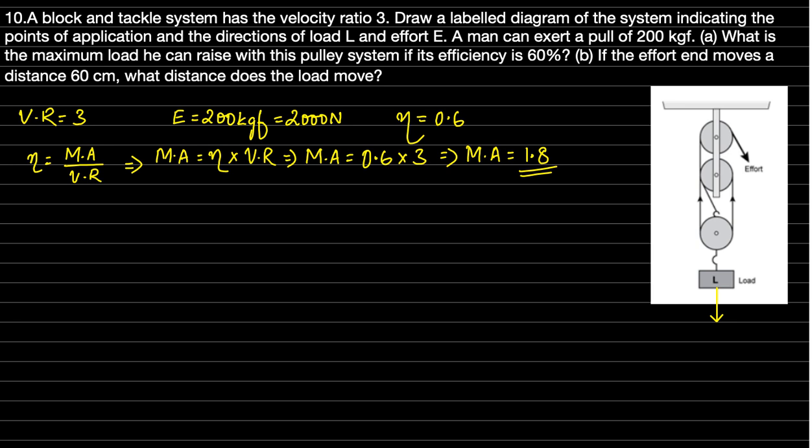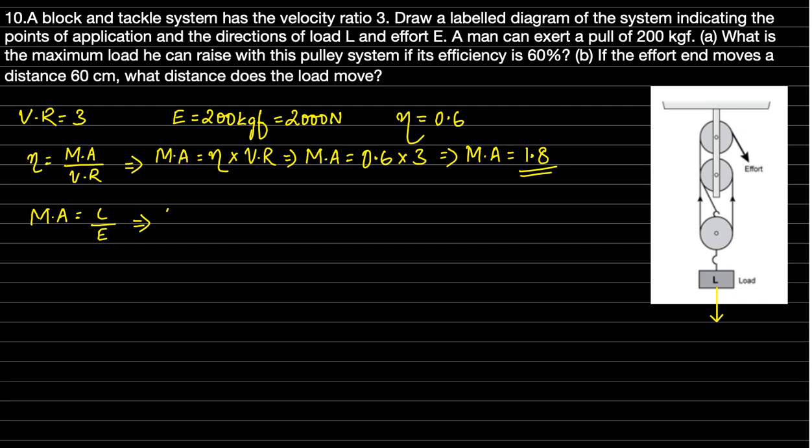Now we need to find the value of load. Effort is already there in the question. So we know another formula for mechanical advantage, that happens to be MA is equal to load divided by effort. So pretty simple here, we just need to substitute the values.